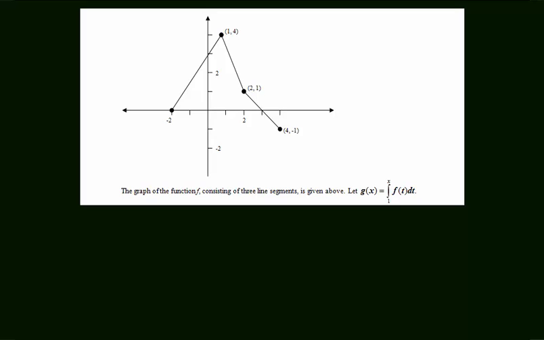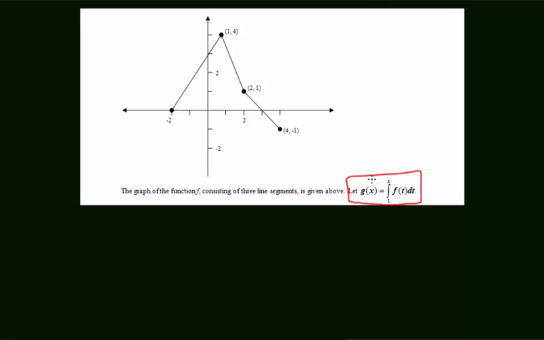Let's take a look at the first application. So let's read together. The graph of the function f, consisting of 3 line segments, is given above. So the graph that you see is the graph of f. But then the all-important equation says, let g of x equal the integral from 1 to x of f of t dt.